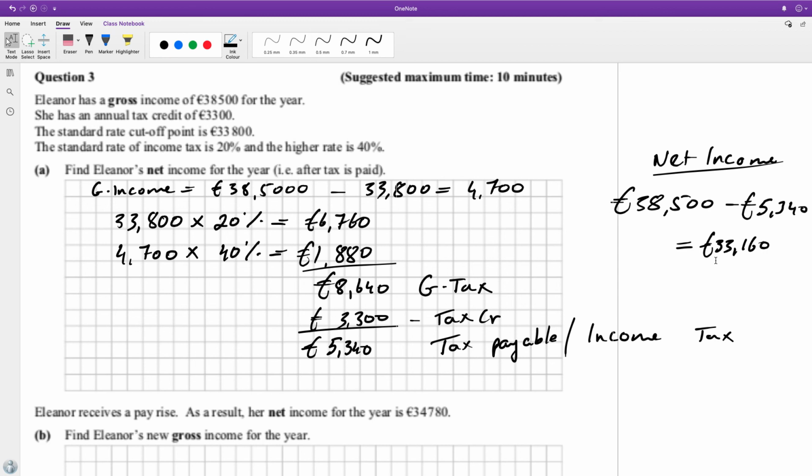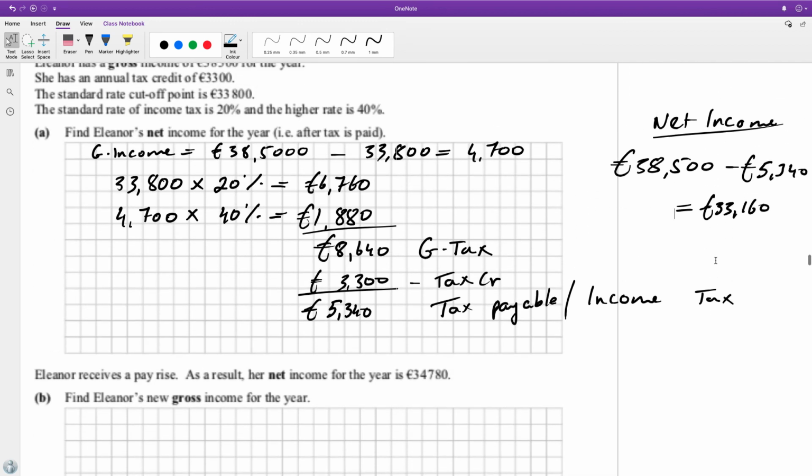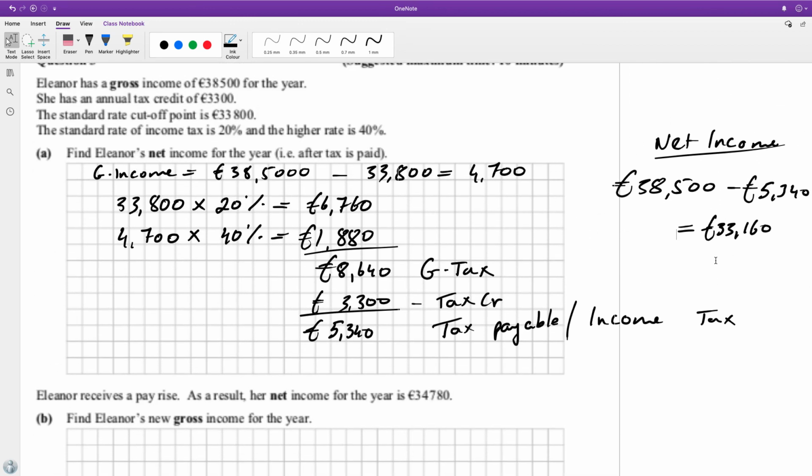That okay? Good stuff. Right, the next bit, part B. Eleanor receives a pay rise. As a result, her net income for the year is 34,780. Find Eleanor's new gross income for the year.